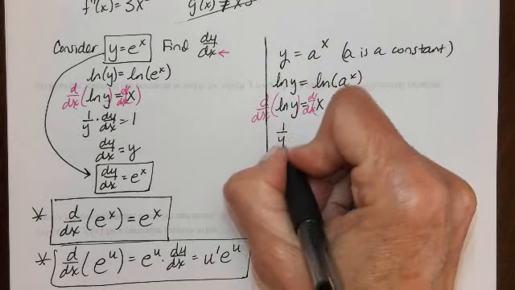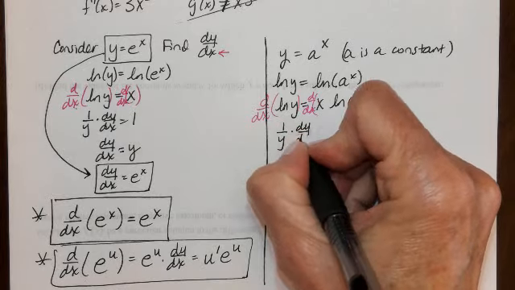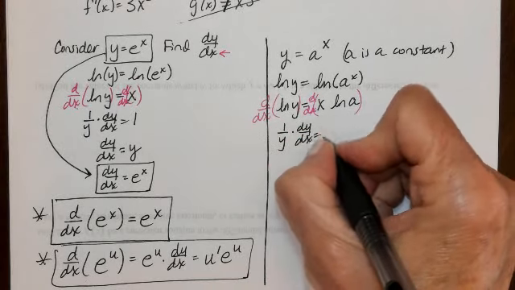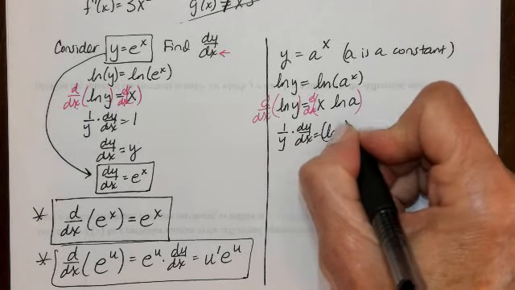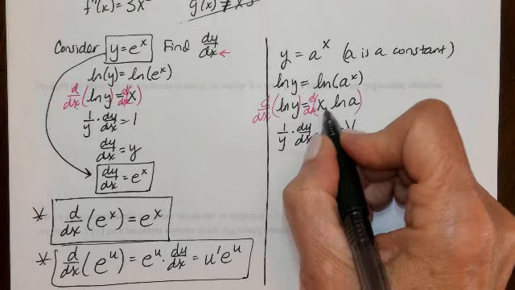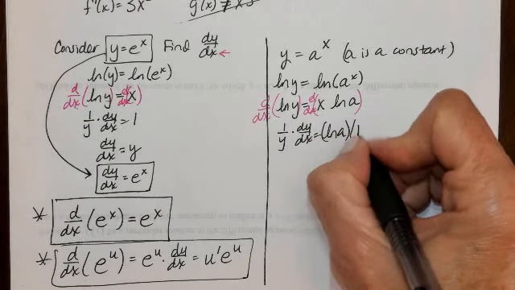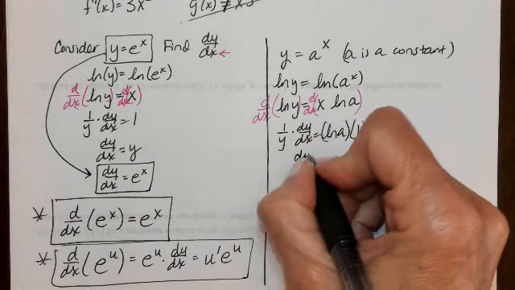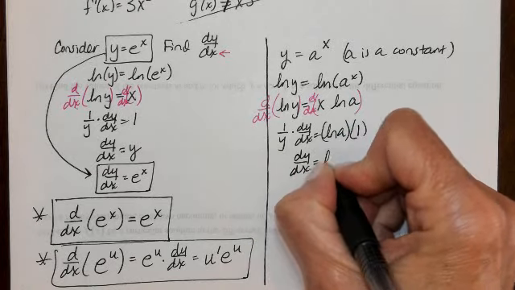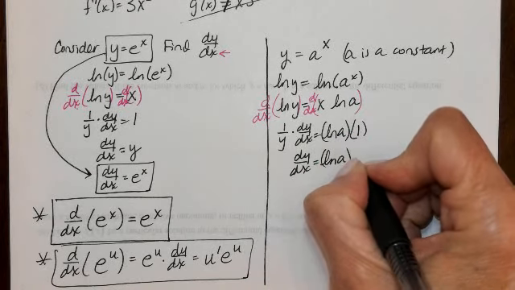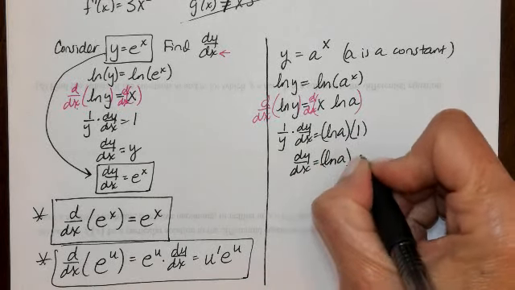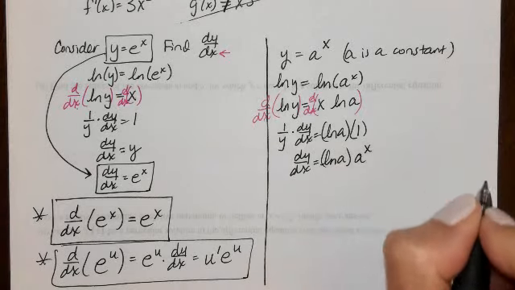We'll have 1 over y dy dx is equal to this constant I'm just leaving there, and then the derivative with respect to x of x is just 1. So dy dx is ln of a times y, which is a to the x.